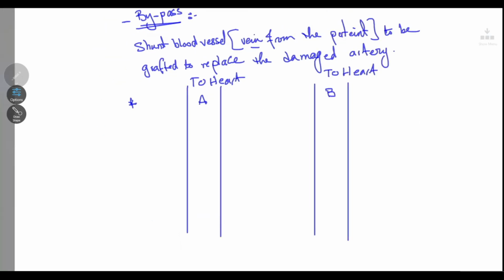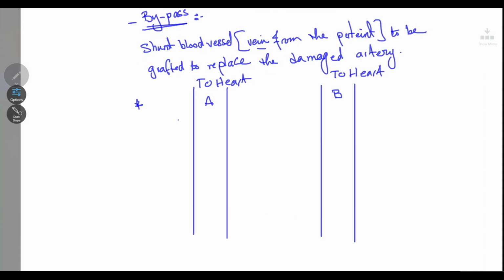The surgeon has to choose between both of them, keeping in mind the direction of the valves. So the valves here are pointing upwards, towards the heart.